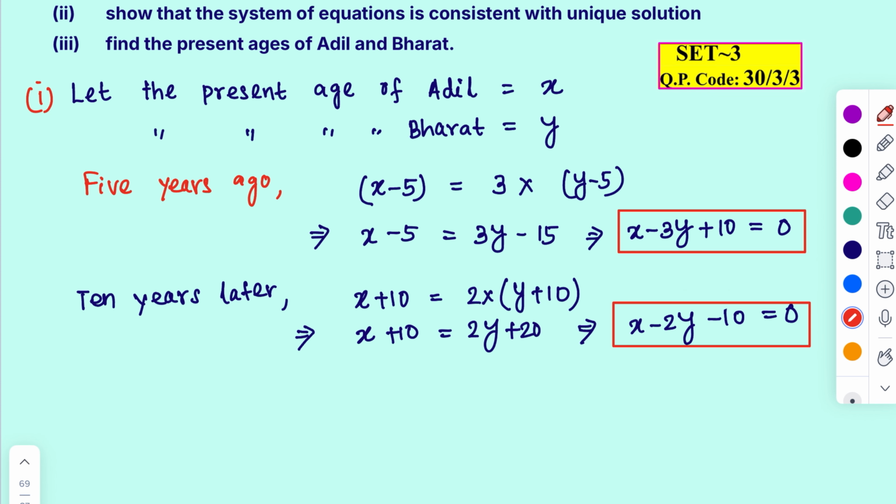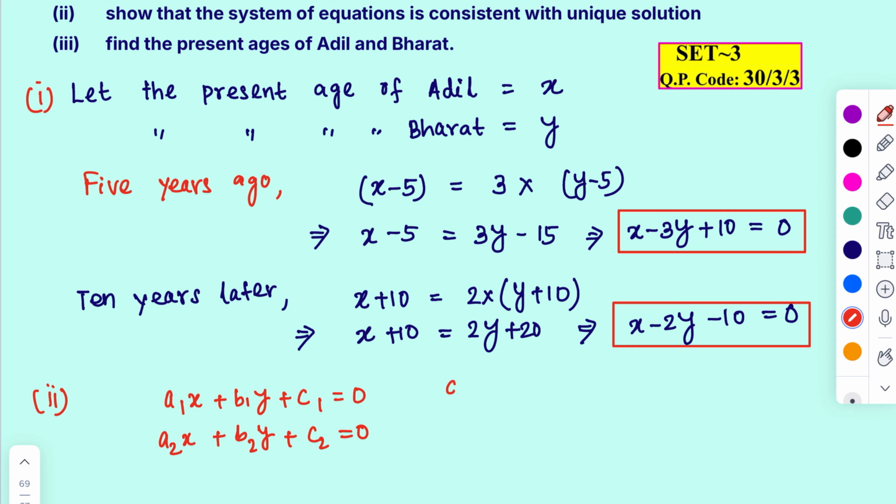Now we got two linear equations which was required in the first part. Second part is we have to show that the system of linear equations is consistent with unique solution. For consistency, if we know that a1x plus b1y plus c1 equal to 0 and a2x plus b2y plus c2 is equal to 0, it is consistent, meaning it is having solution, either single unique solution or infinite number of solution.